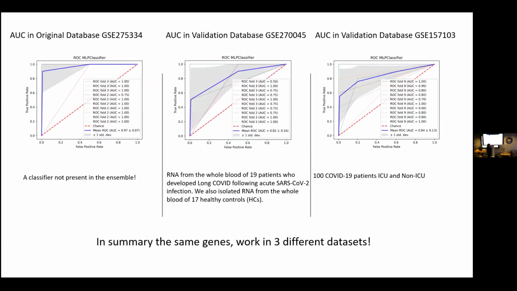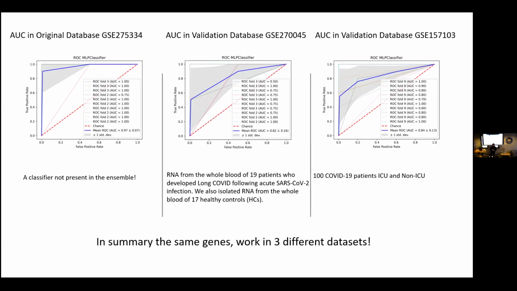And then in the end, we use a classifier that was not part of the ensemble we used to select the features, to check how good it was in the diagnostic part. And we get a very nice mean AUC. However, we used two other databases with those 7 genes to see if we could separate long COVID from, well, people that had COVID but got better.